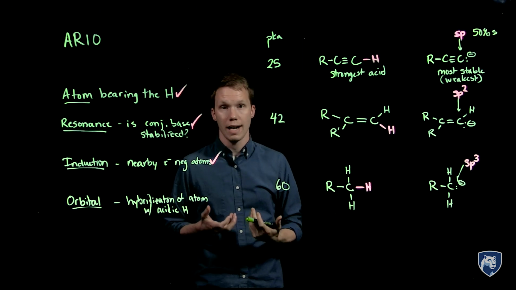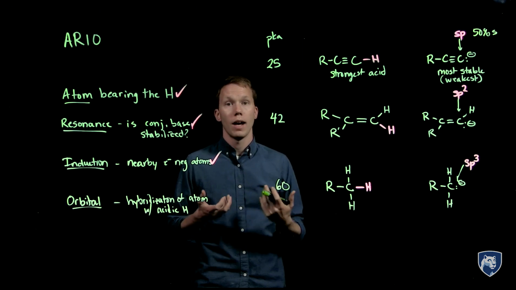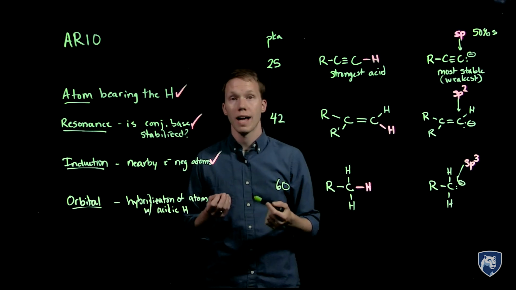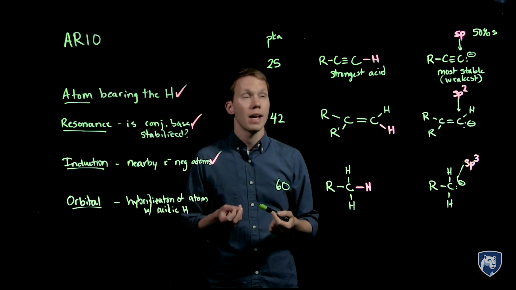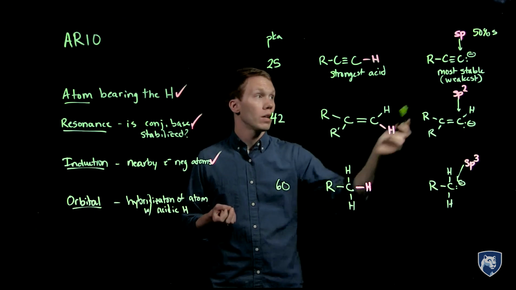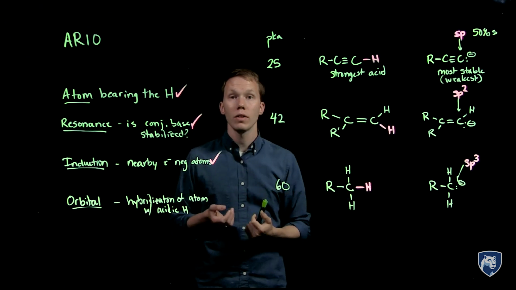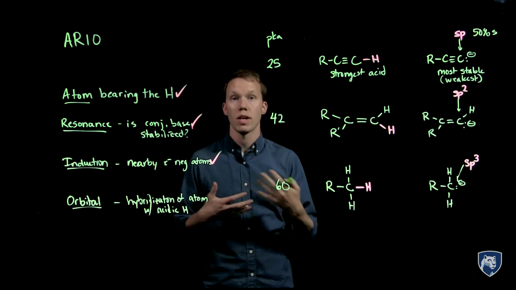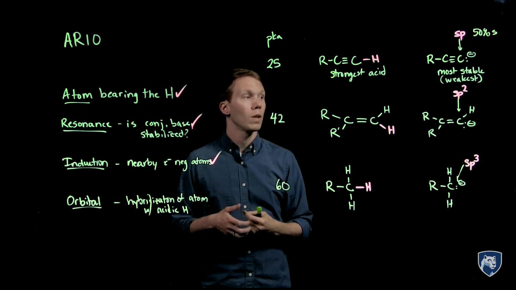It's more electronegative, okay? So this carbon, being sp hybridized, is going to have a higher affinity for electrons, and therefore those electrons will be held closer to the nucleus. That will be more stable because there's a smaller separation of the protons and the negatively charged electrons.